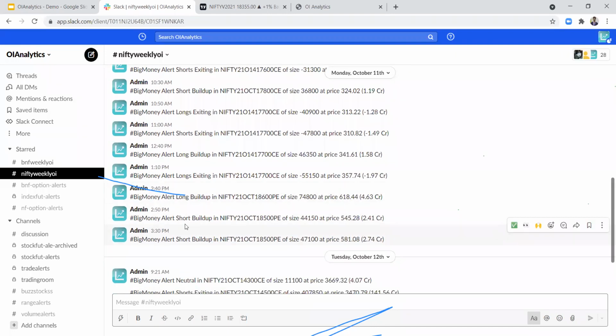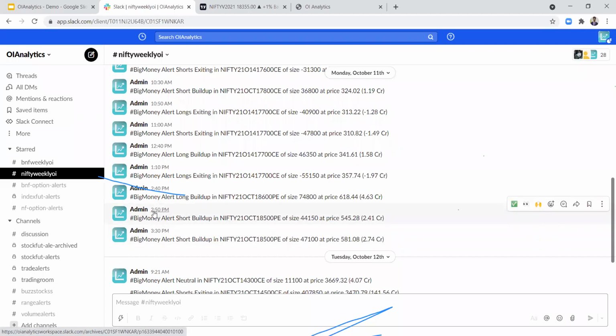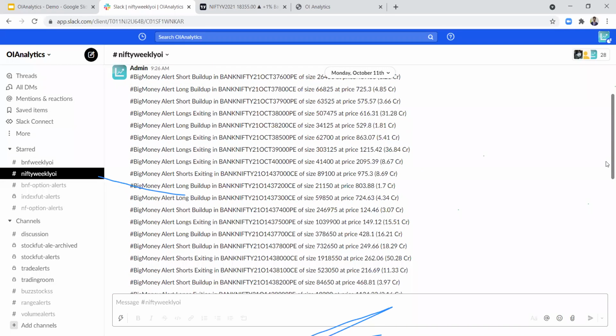If you see this alert on October 11th, around market closing time, 2:50 p.m. and 3:30 p.m., you can see that 18500 put. Let me go back a little bit higher, because this is a follow-up addition that has come in.